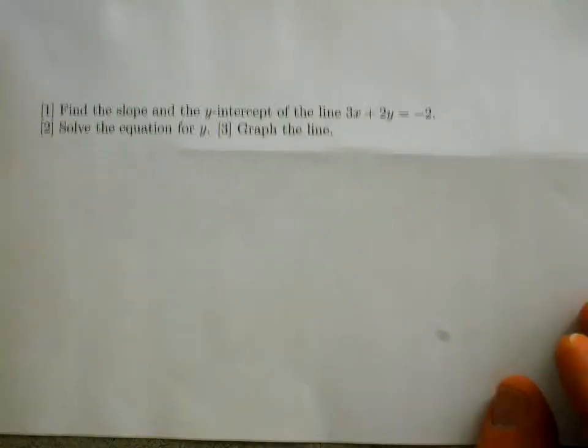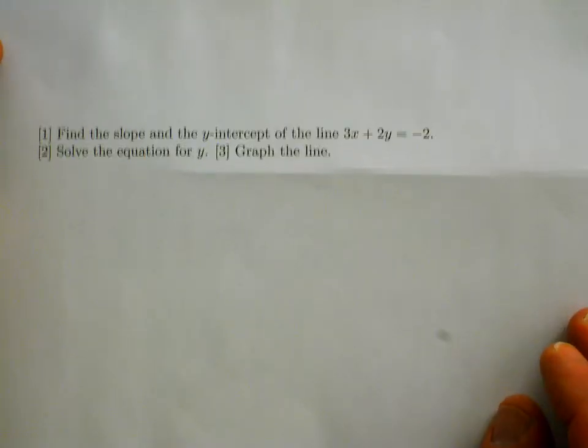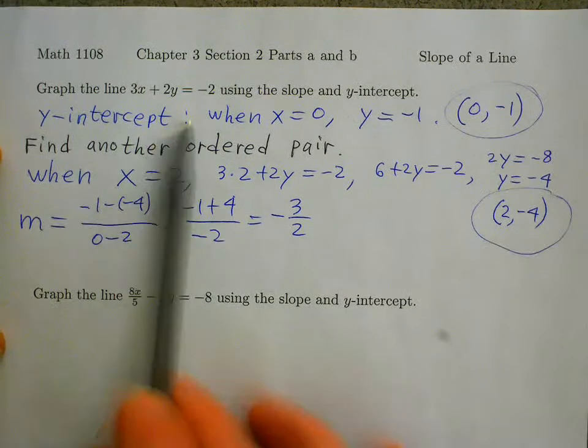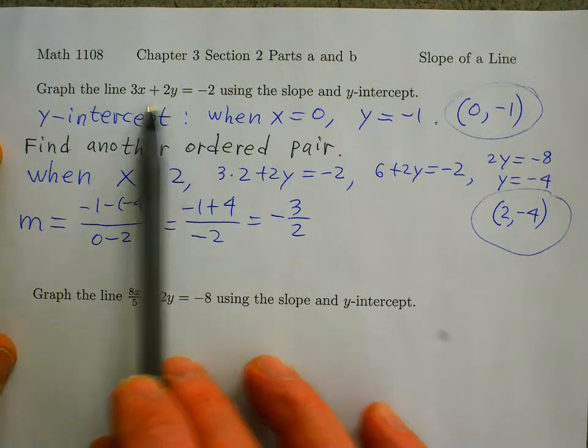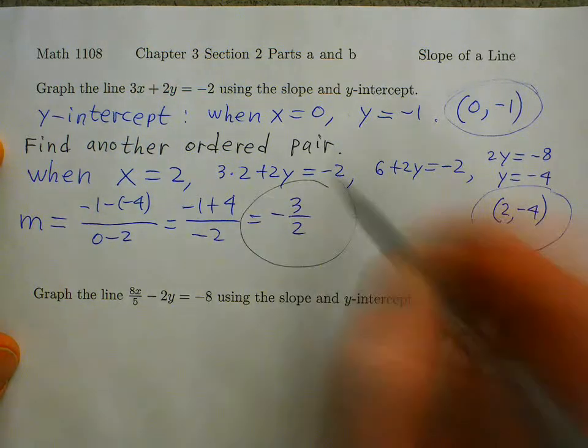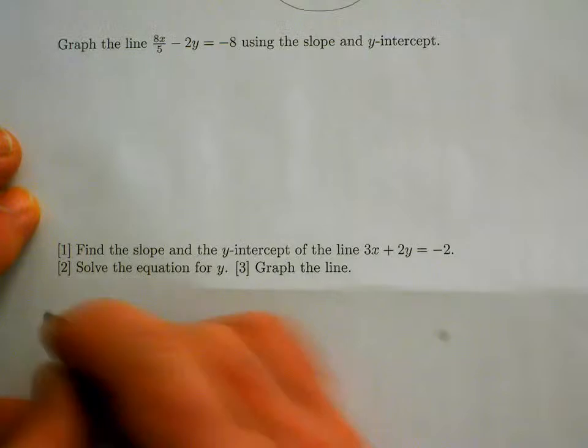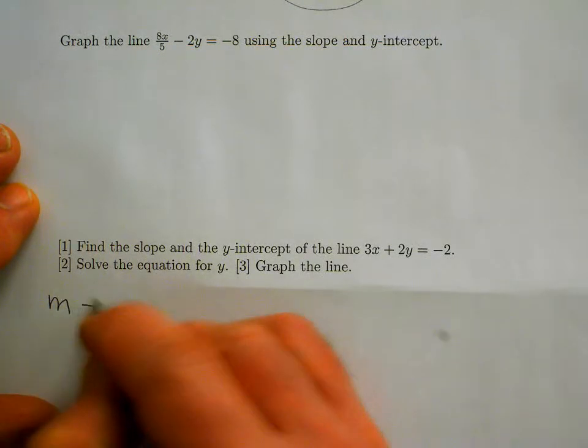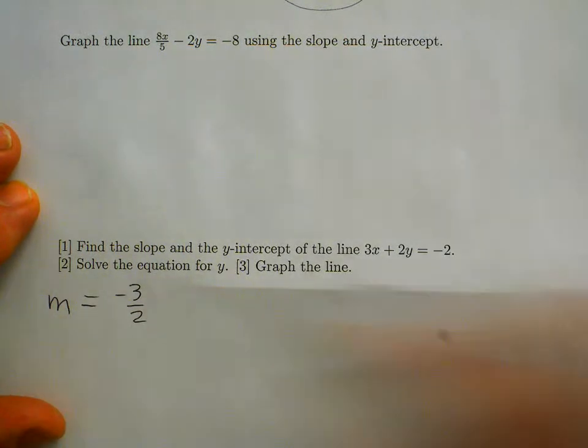Okay. This is the same equation as we found up here. 3x plus 2y equals negative 2. So we already found the slope. So down here, I'll just write that the slope is negative 3/2.